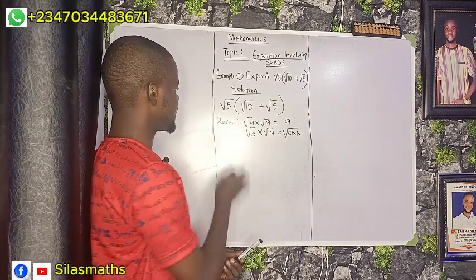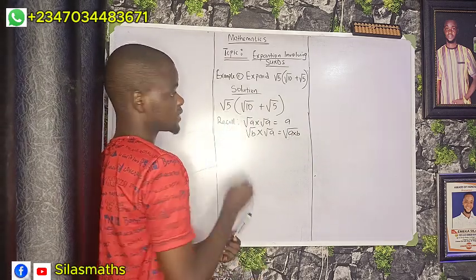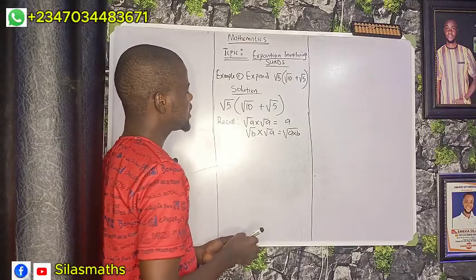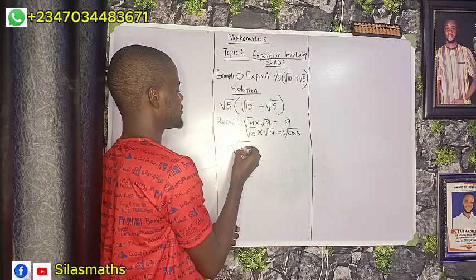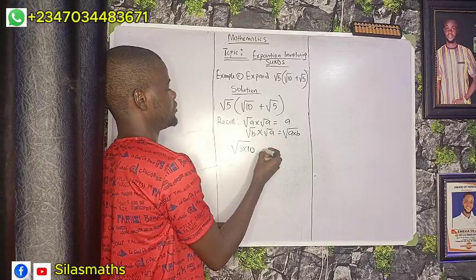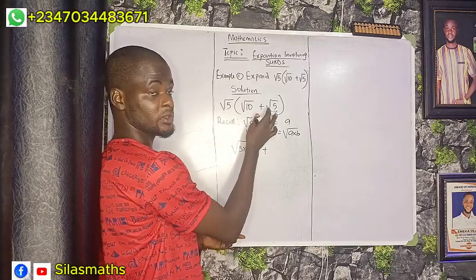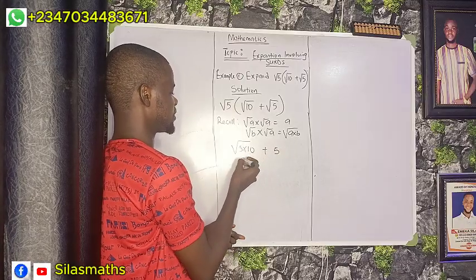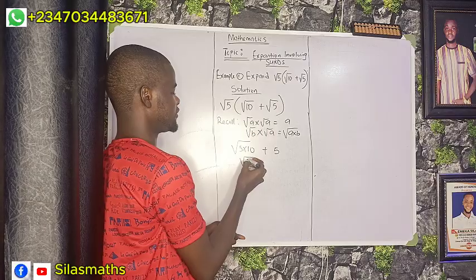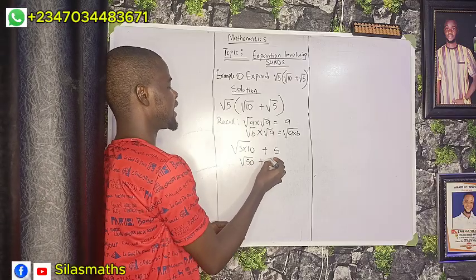So square root of 5 times square root of 10 gives square root of 5 times 10, plus square root of 5 times square root of 5, which gives us 5. That is square root of 50 plus 5.